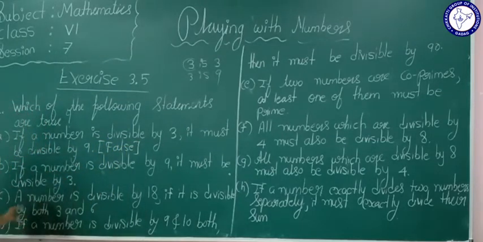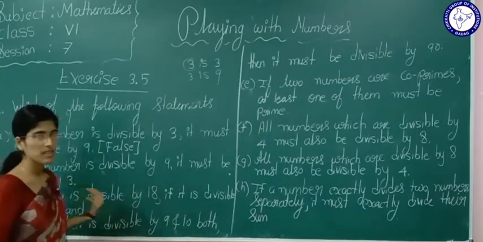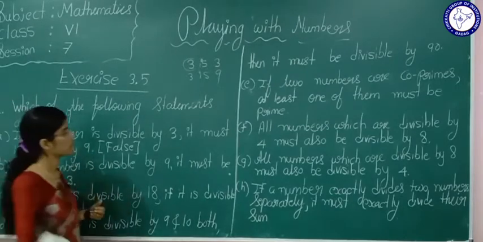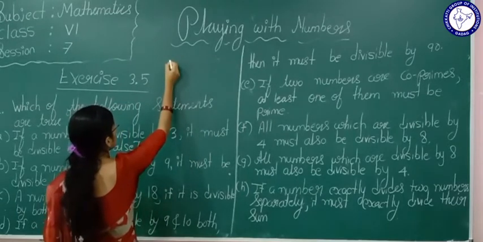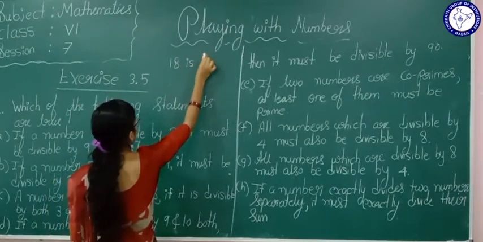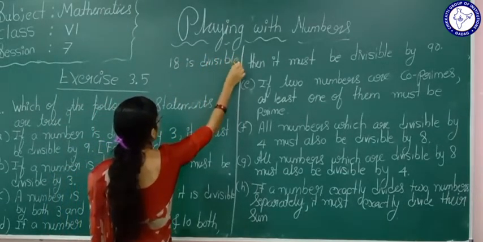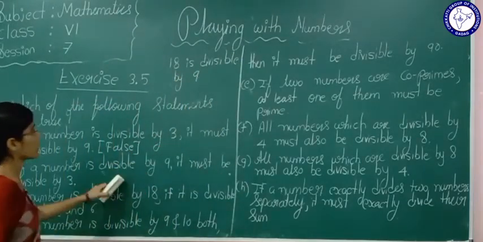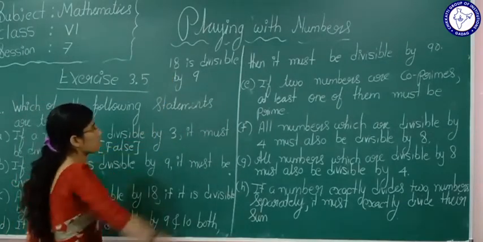Now second here, if a number is divisible by 9, it must be divisible by 3. Is it correct, student? Take any number, I will take 18. 18 is divisible by 9. Now it must be divisible by 3. Is 18 divisible by 3?